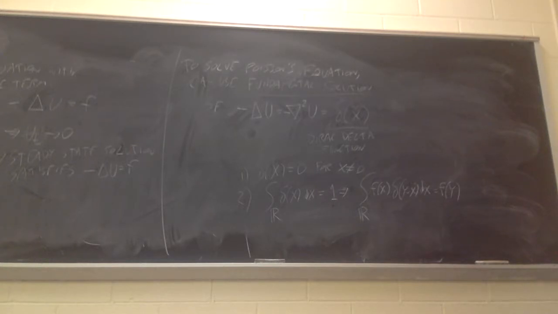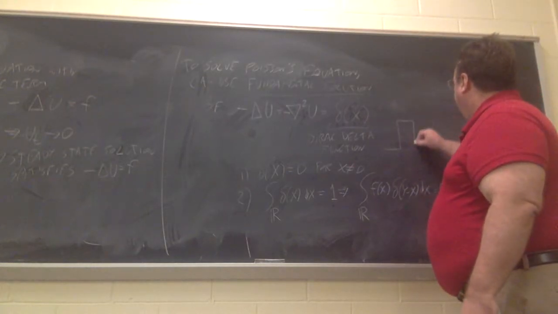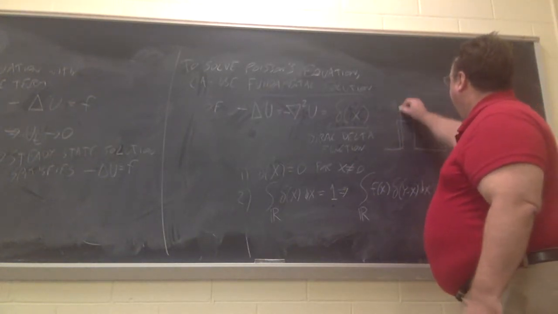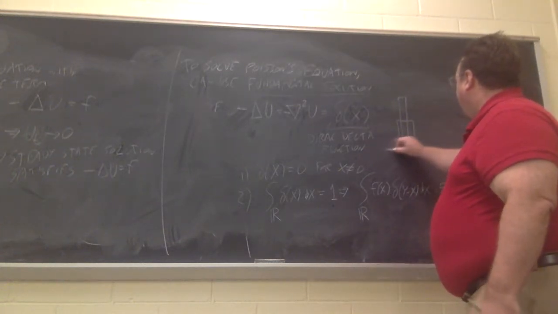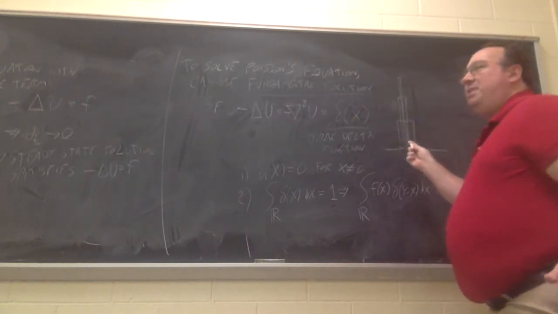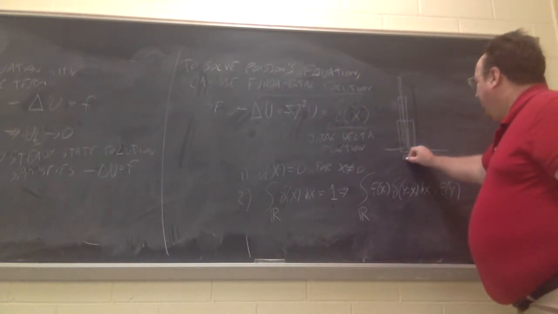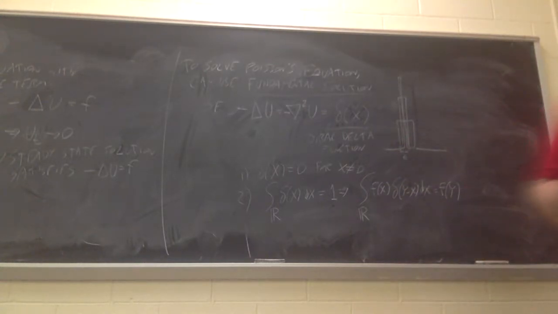All right, so if you wanted to, you could think of the delta function as something that looks like this, and then as you make it narrower and narrower, the spike gets taller and taller. What would the limit of that be as the width epsilon of this non-zero area goes to 0?